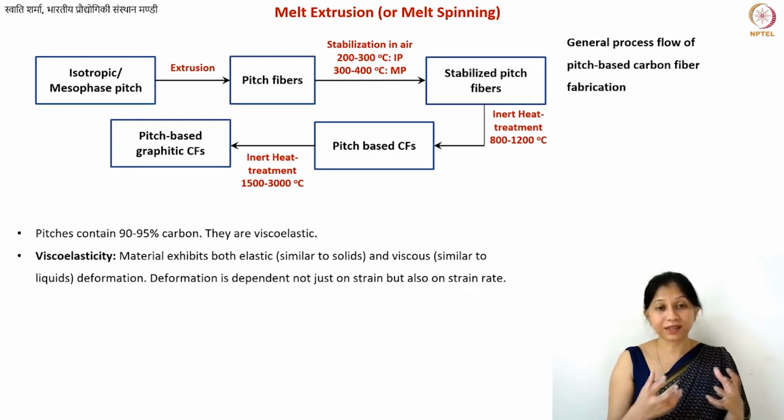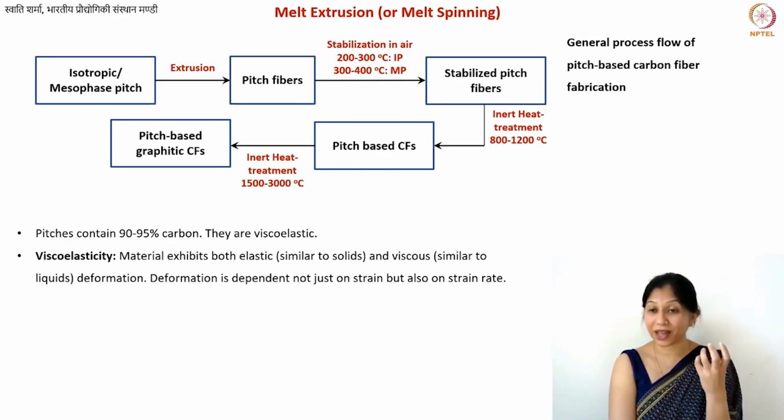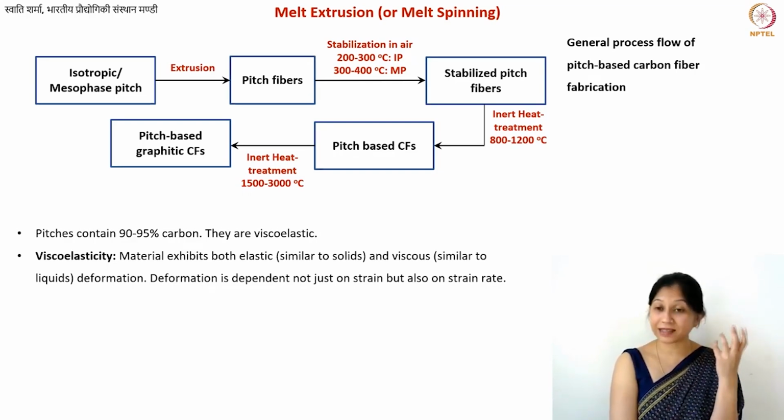So now these polymer type of materials or heavy hydrocarbons like pitch offer the properties of both solids and liquids. So they have both the viscosity element and the elasticity element. How is that possible? You know that polymers have these long chain-like molecules. So you have hydrocarbons.